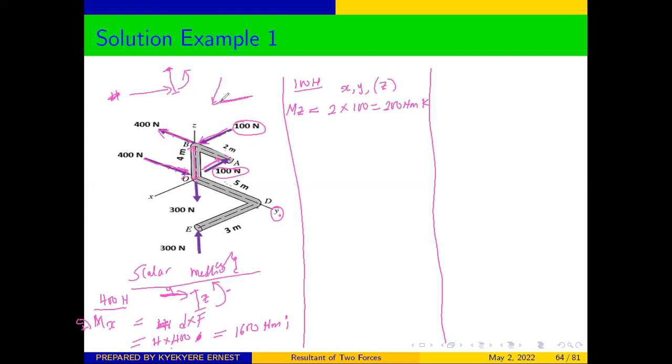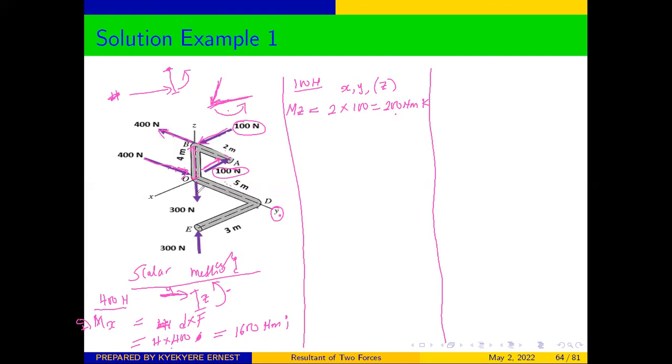If I apply the force here, you will find out that this force is going to rotate the object in this direction, and this direction is anti-clockwise. So our moment is going to be positive.